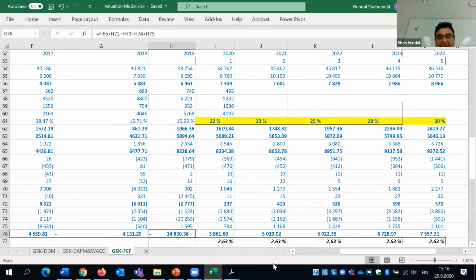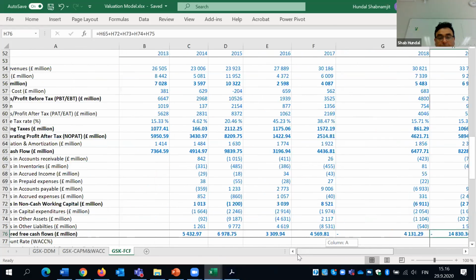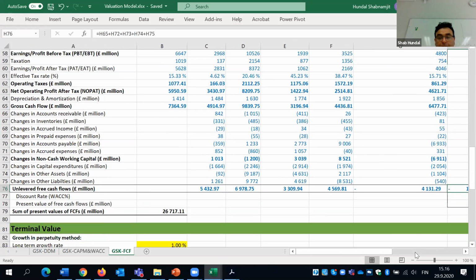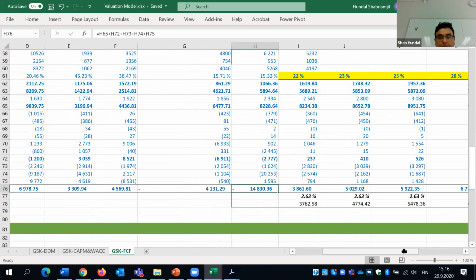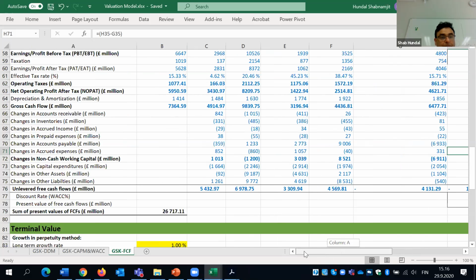But if you look at the cash flow, I want to ask you something. Look at this number 2445, and this is row 71. Or let me see this one actually, because then it's easy to see.